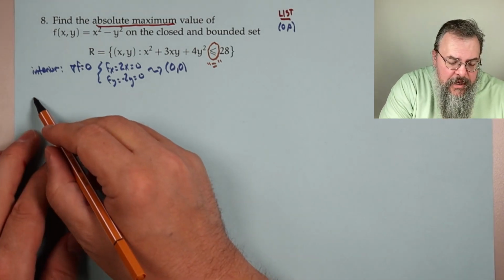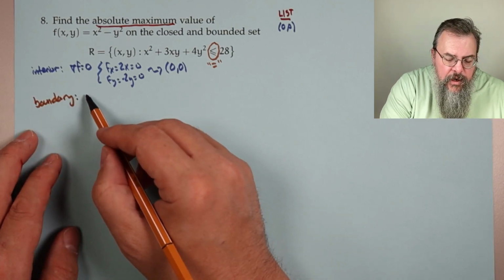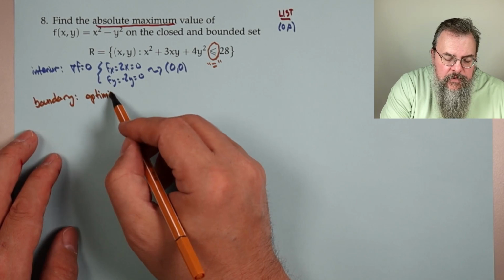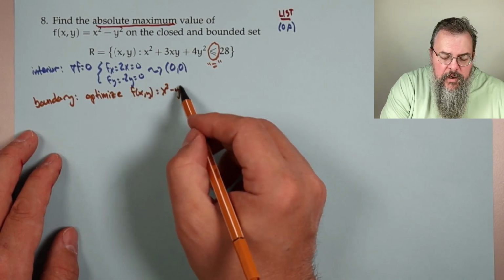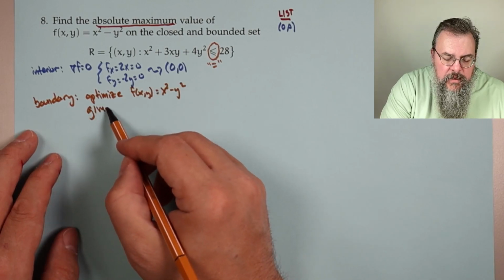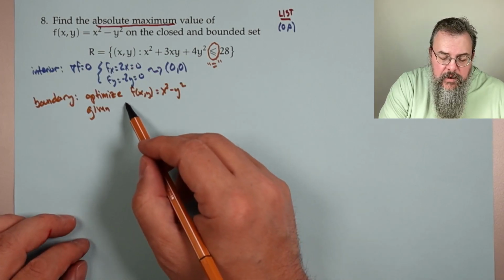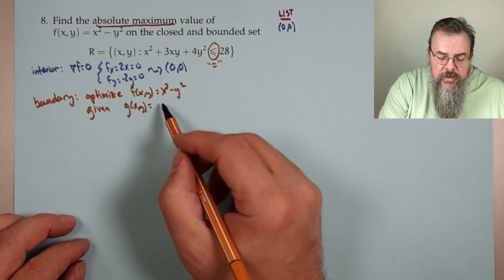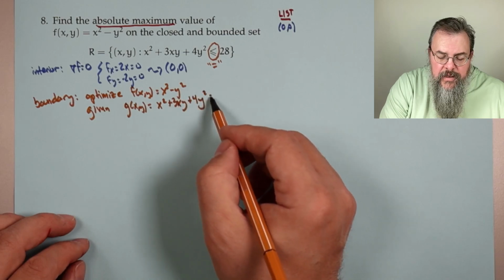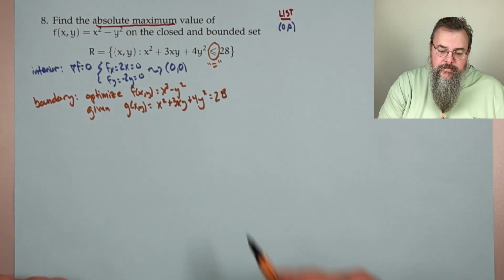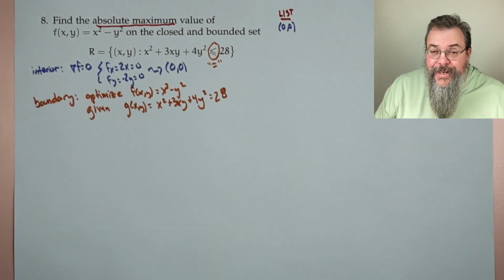What you're really doing on our boundary is trying to optimize our function f of x, y equals x squared minus y squared, given that we have our condition satisfied. I'll call this g of x, y, which is x squared plus 3xy plus 4y squared equals 28. Now, it's like we're trying to optimize a function with a constraint.